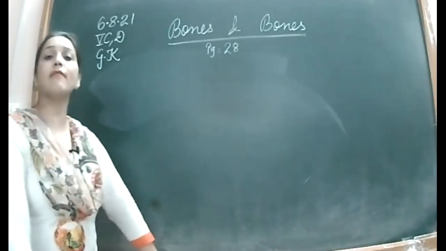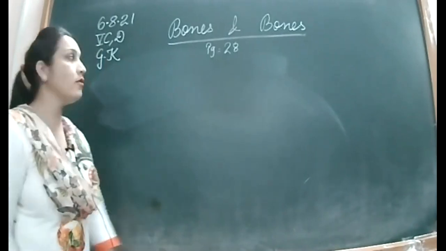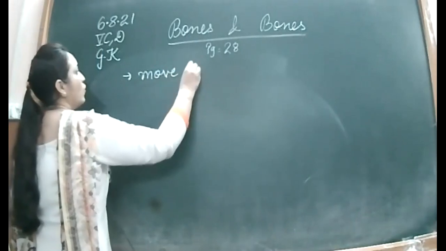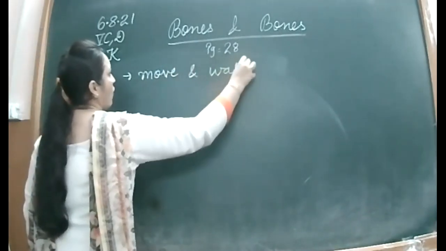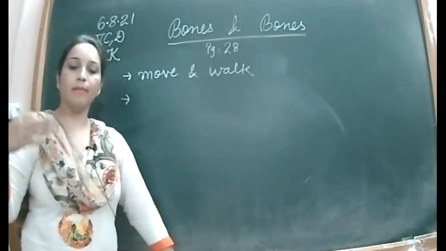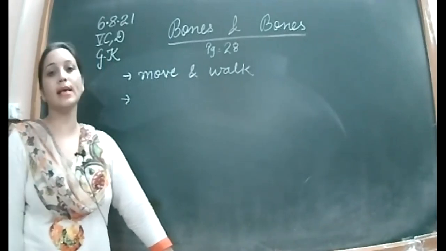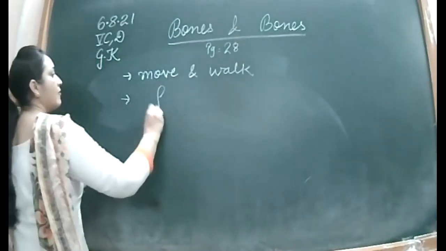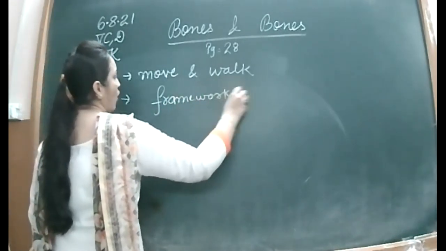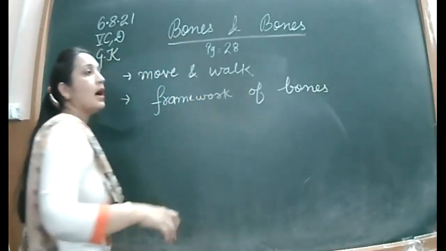Bones are very important because they help us to move and walk. With the help of bones, we can move and we can walk. And by using all the bones, one framework, one structure is designed. That framework of bones is present in our body.